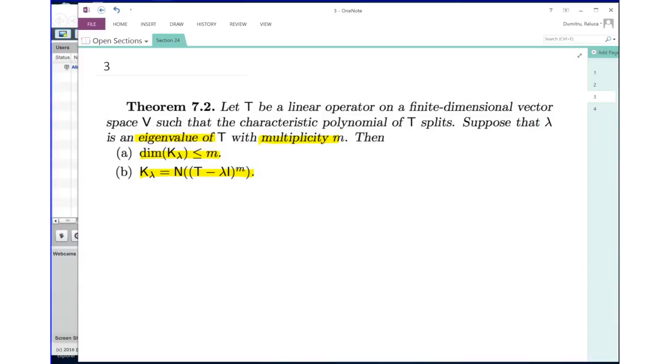And here maybe you should see a connection with the eigenspaces E lambda, right? Remember that in the past, in chapter 5, we proved that the dimension of E lambda was less than or equal to m, the multiplicity of the eigenvalue. And to find E lambda, all we had to do is to find the null space of T minus lambda identity to the first power, right? It was back then.